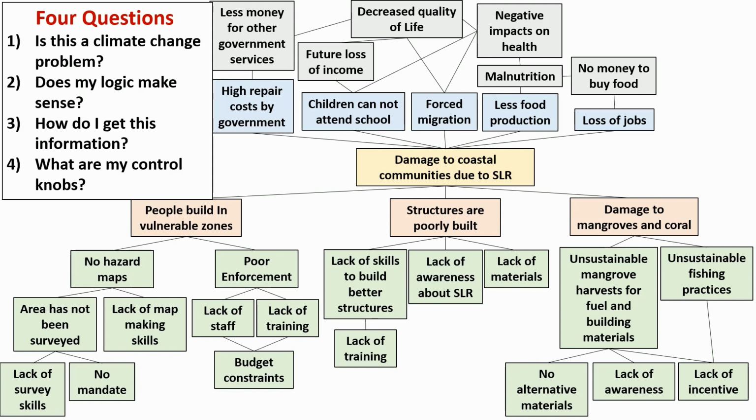But we'll also ask four questions about this. Is this a climate change problem? Now, you remember in Module 1 we talked about this. GCF will provide money to address climate change problems. So if we take climate change out of the picture, do we still have a big problem?